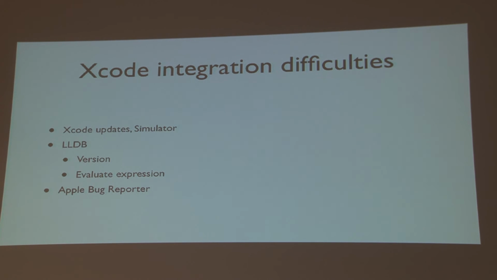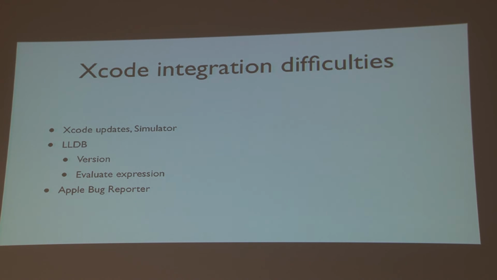Then another difficulty is LLDB, because first of all, it's quite young, still developing, and sometimes it happens that code compiled with one compiler, the debugger of another version doesn't understand it.